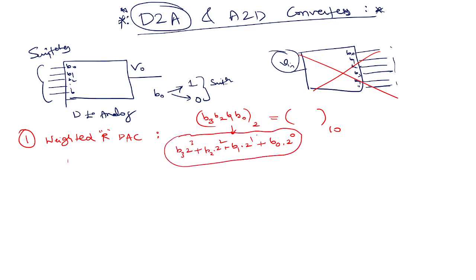If you know this conversion, you are already into the analog domain. Whatever the logic you're talking about, finally you have to get this. You have the inputs B3, B2, B1, B0, and you get these multiplication factors 2 power 1, 2 power 2, 2 power 3, and so on.